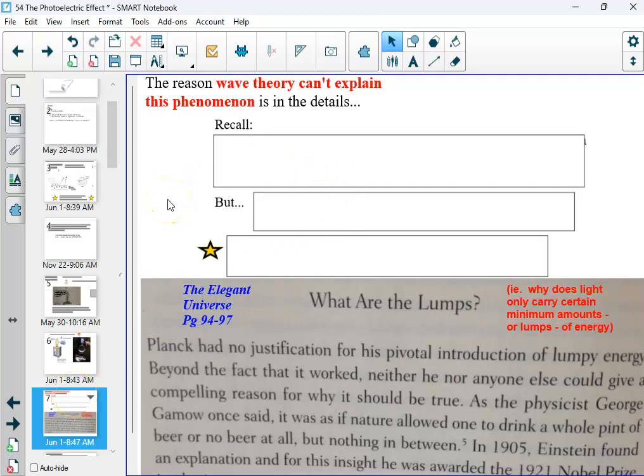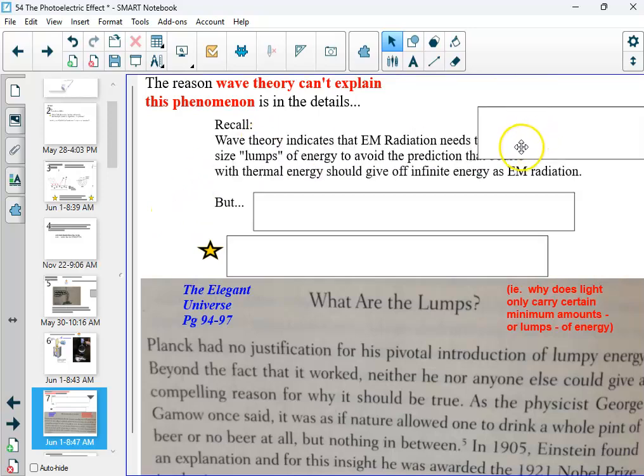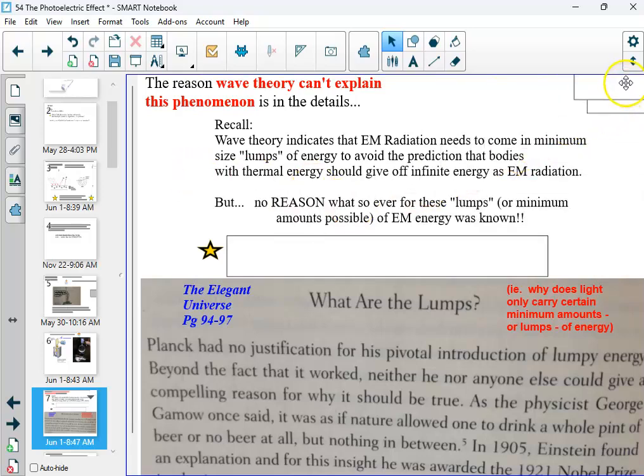The reason wave theory can't explain this phenomenon is subtle, and it's in the details. Theory indicates that electromagnetic radiation needs to come in minimum size lumps of energy. We know this in order to avoid predictions that black bodies emit thermal energy in an infinite amount. But there was no reason given for these lumps or minimum amounts.